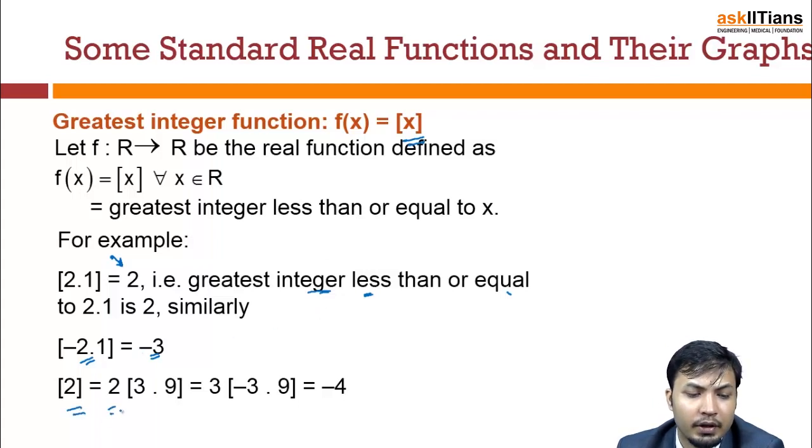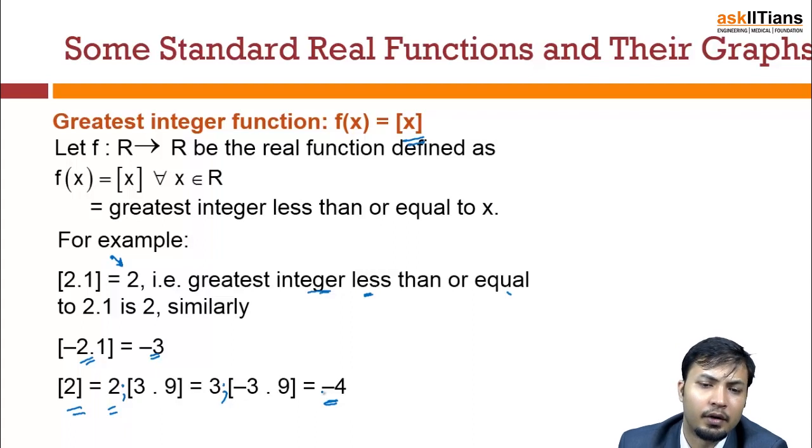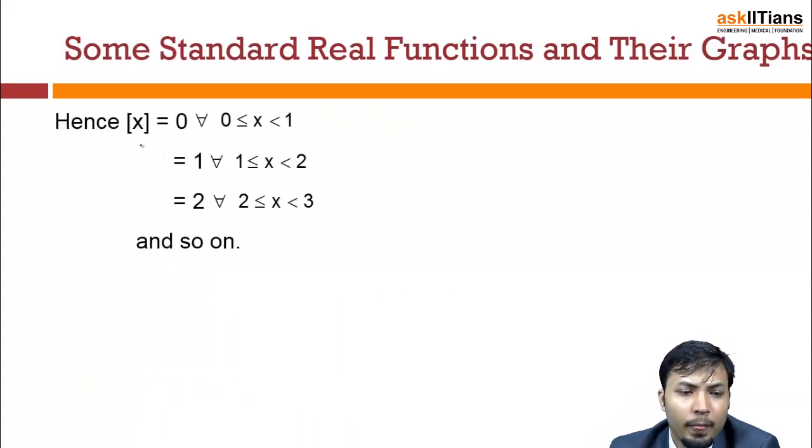For 2, again 2. For 3.9, it is 3. For minus 3.9, it will be minus 4. So the nearest value I need to go to has to be lesser than the value itself. So for the greatest integer function of x, the value is 0 for x from 0 to 1, 1 from 1 to 2, and 2 from 2 to 3, and so on it goes.